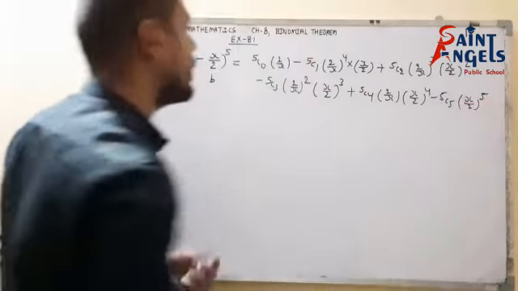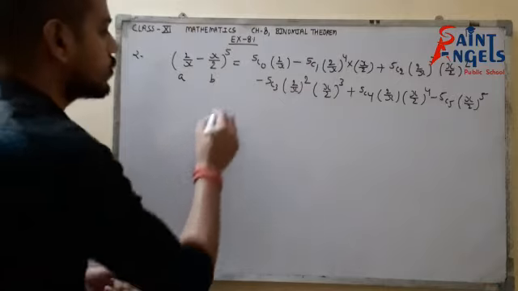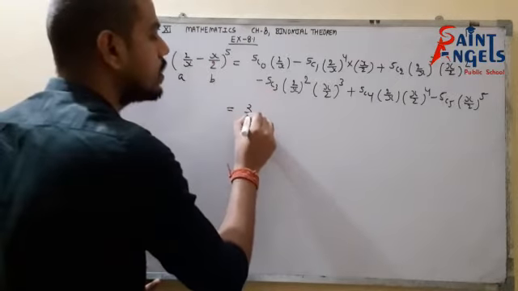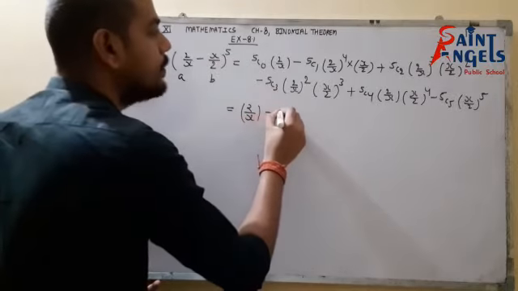Very simple. We just applied the formula. Okay. Now solve it. 5c0 means 1. It means 2 upon x. Minus 5c1 is 5.